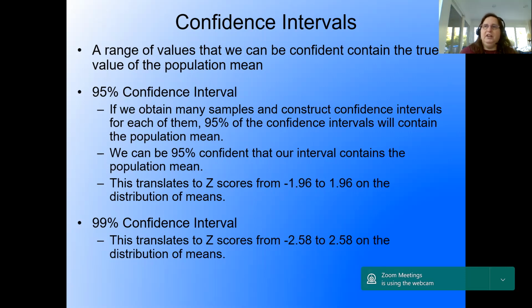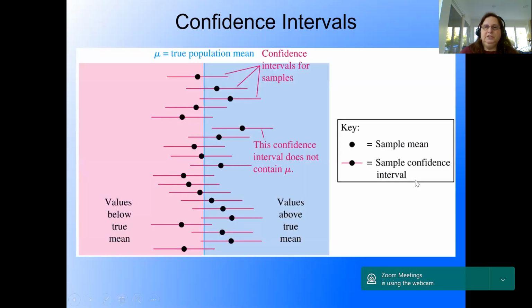Okay, let's look at an example to further understand this. Let's assume that our blue line in the center here is our true population mean. And let's say we conducted different studies with different samples, and each black dot is a sample mean.